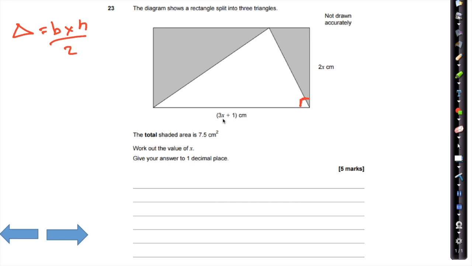So we do this base as an expression multiplied by 2x, and then we divide it by 2, that will give us the area of the whole triangle, sorry, not the rectangle. Once you've got that, then work out the area of the rectangle. So the area of the whole rectangle here.